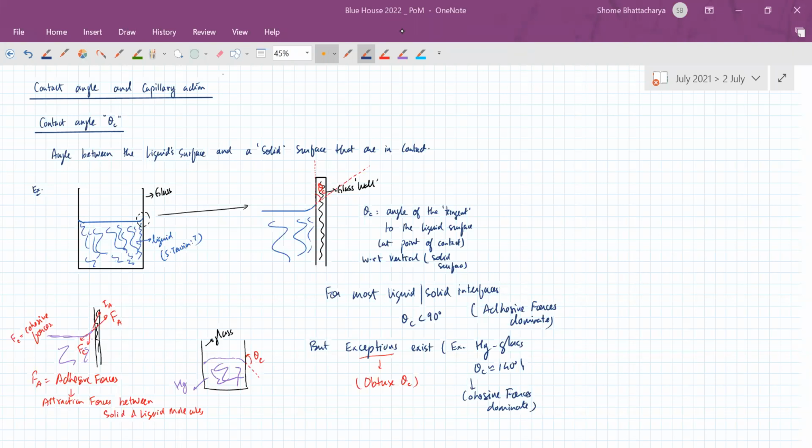Similarly, glass and mercury has a different contact angle compared to glass and water. So it is this phenomenon of contact angle which creates the situation for capillary rise. Hence the two concepts are interrelated.